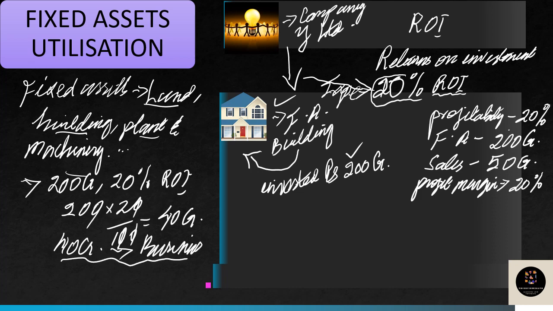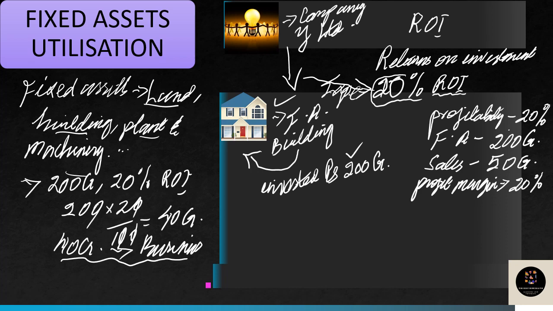If the business made this, the expectation was met. The expectation was 20% return on investment, and 20% return on investment is 40. So the expectation was met.